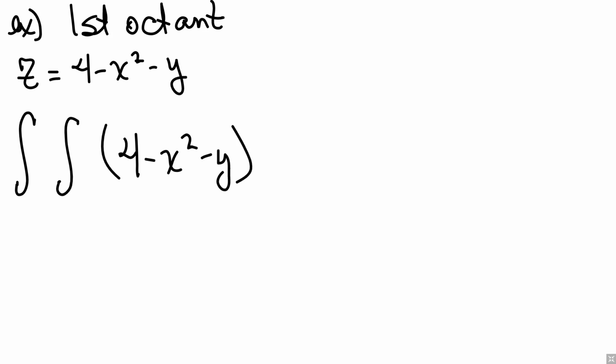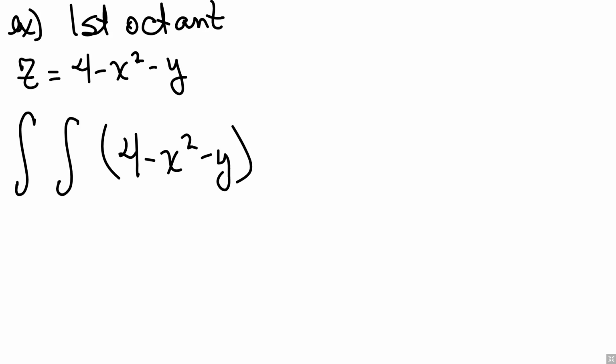So if we want to look for the region below, we need to set a variable equal to 0. What variable do you think we should set equal to 0? Yeah, it would be z.